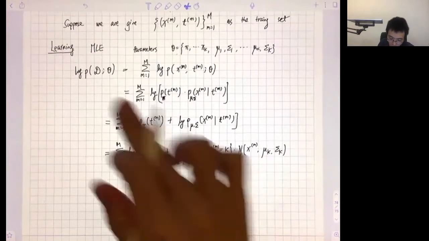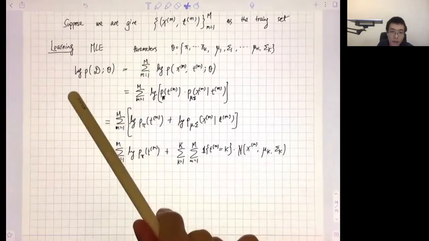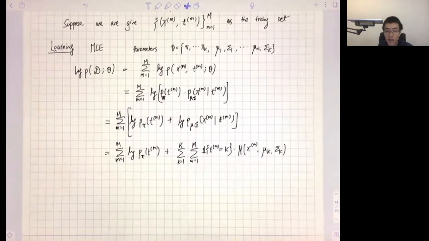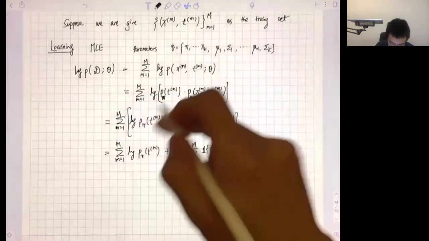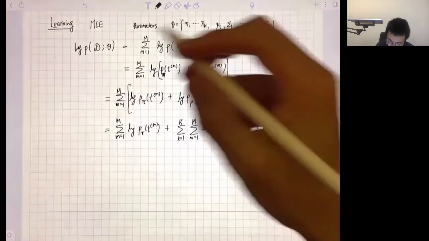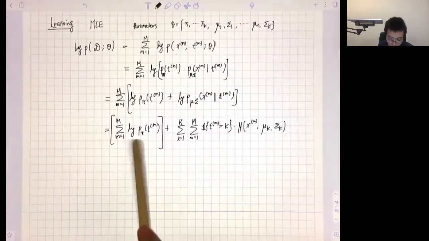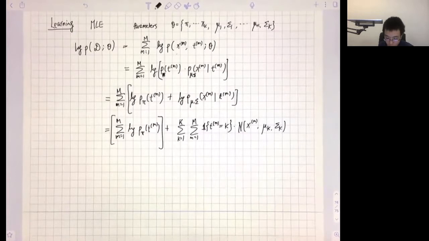So in such factorization, it turns out that the parameter estimation for the Gaussian generative model decomposes into small probabilities, right? This bracket only involves pi. It doesn't involve any other parameters.